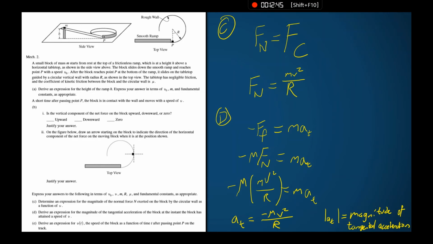So my final answer will be AT equals the absolute value of negative mu v squared over r.